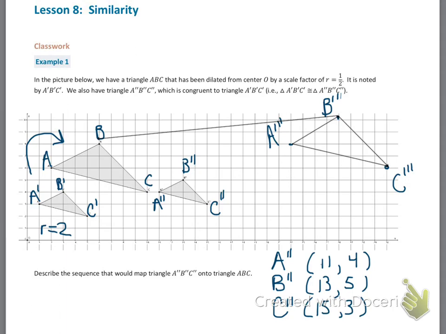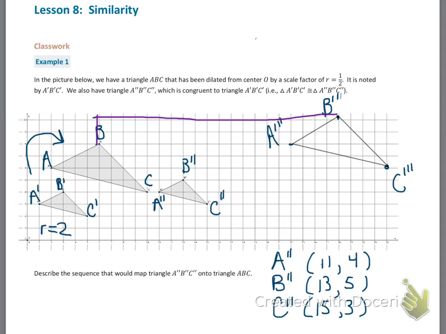But what we're going to do now that these are all going to be on the coordinate plane is there's another way you can define a translation, and that is to show how many spaces you're going to move horizontally and vertically. So to get B triple prime over to B, this ends up being 20 units if you count it on your graph, 20 units, and what way did they go? So 20 units to the left and 2 units down.